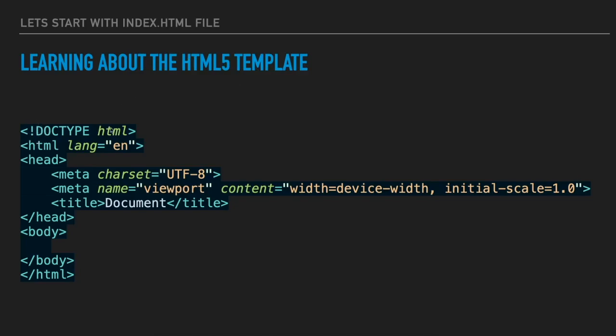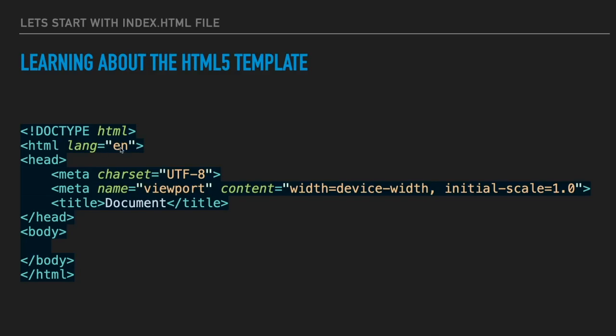So at the top we have doctype html, and this is a tag that tells the browser that this is an HTML file, and this is required on all HTML pages. All right, and so now we have the html tag, and we've seen this before in the other two videos, and we have the lang HTML attribute, and that stands for language, and it's equal to en for English, because we are going to be writing our website in English.